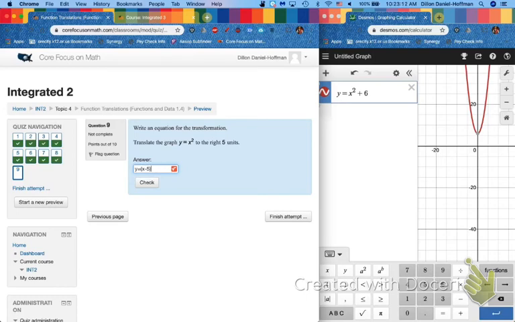Because we have to remember that the squared goes on the outside. So make your parentheses. And then if you have right, remember that's going to be a minus on the inside. If you have left, then it's going to be the opposite, a plus. However much you're moving on the inside, like I've got 5, so I put minus 5. And then finally squared on the outside.